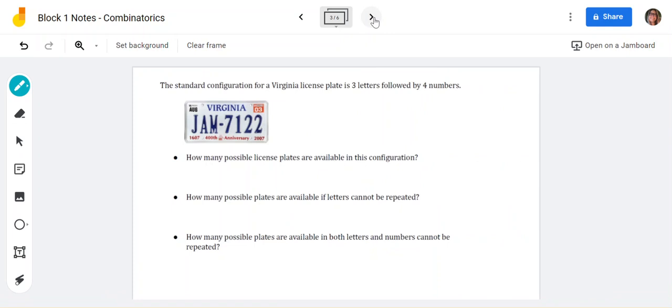So the standard configuration for a Virginia license plate is 3 letters followed by 4 numbers. How many possible license plates are there in this configuration? Well, there's 26 letters in the alphabet, so 26 options for the first letter, the second letter, and the third letter. Then if we're using the digits 0 through 9, that's 10 options, 10, 10, and 10.